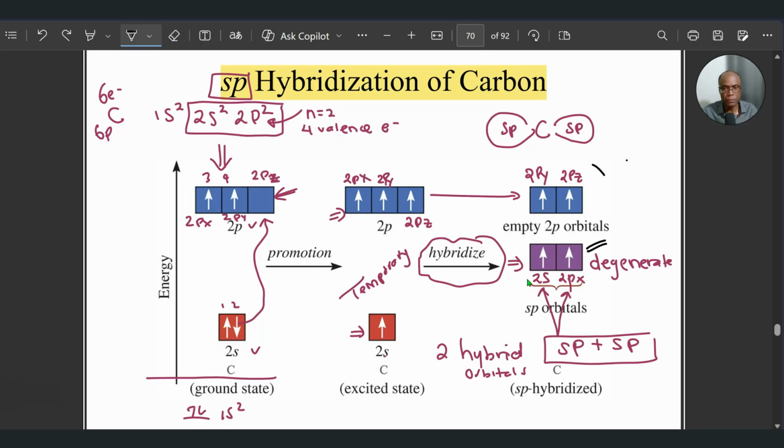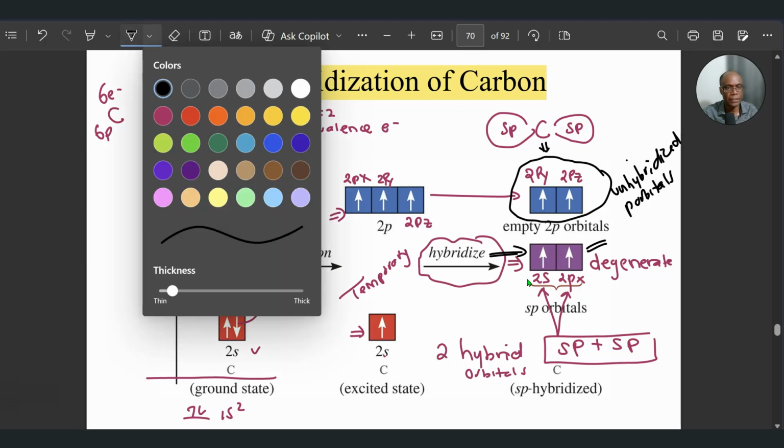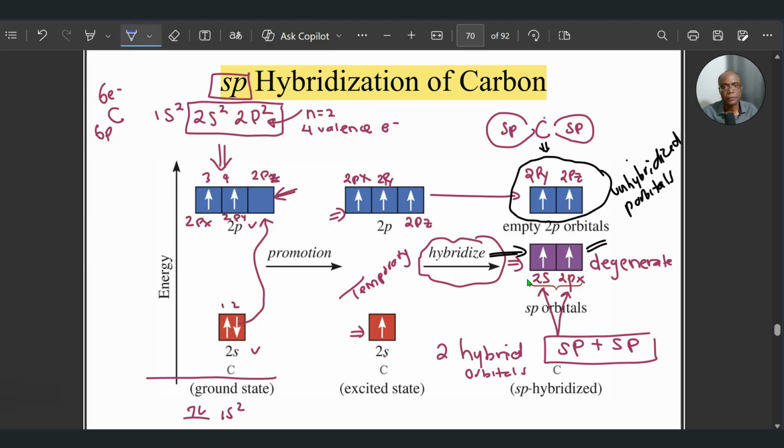Now these blue orbitals right here were not used to make the hybrid orbitals. They are called unhybridized p orbitals. So each single carbon should have unhybridized p orbitals, and probably they're going to be 180 degrees up and down like that, but 90 degrees to the sp.